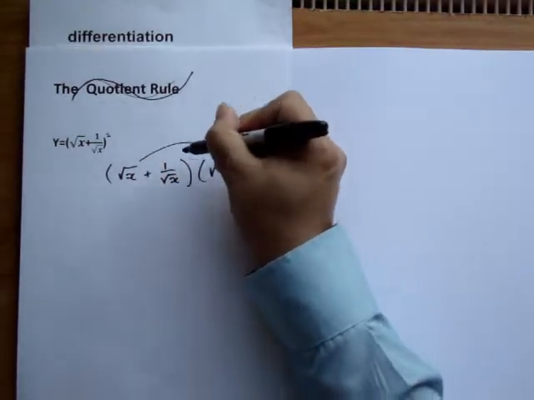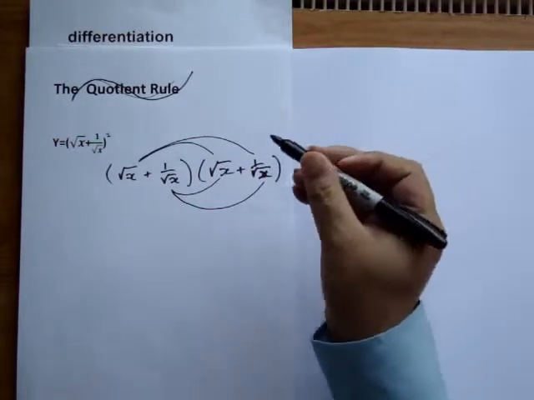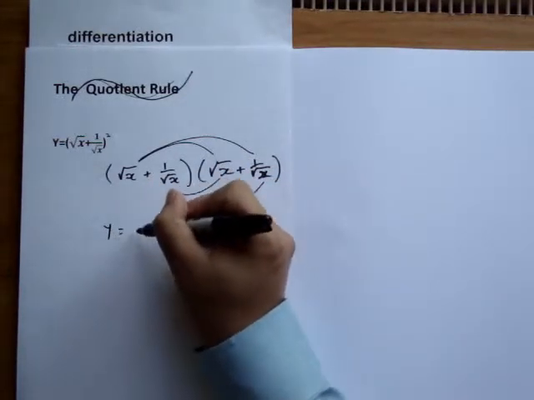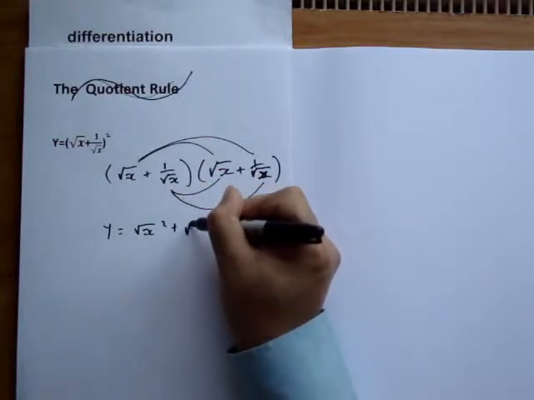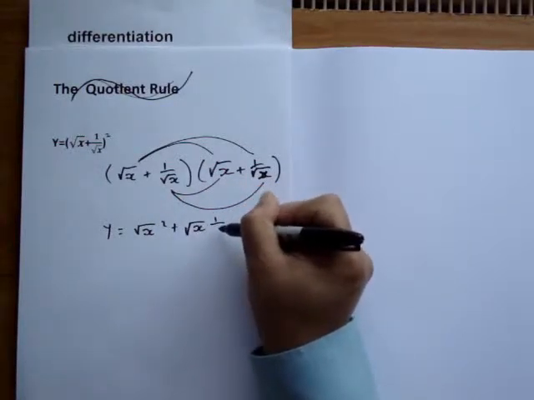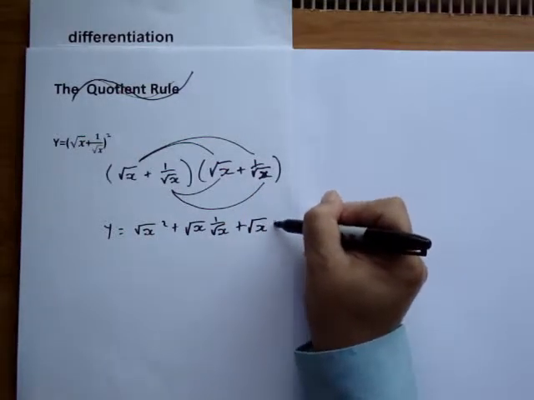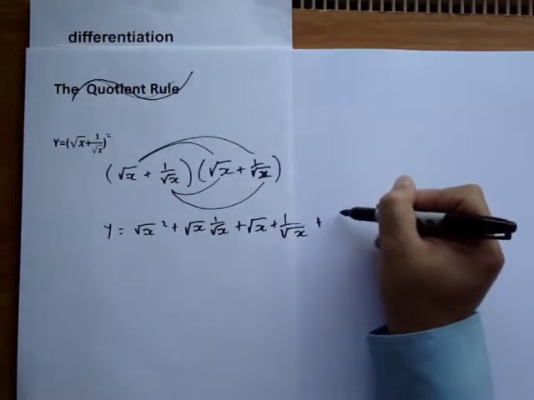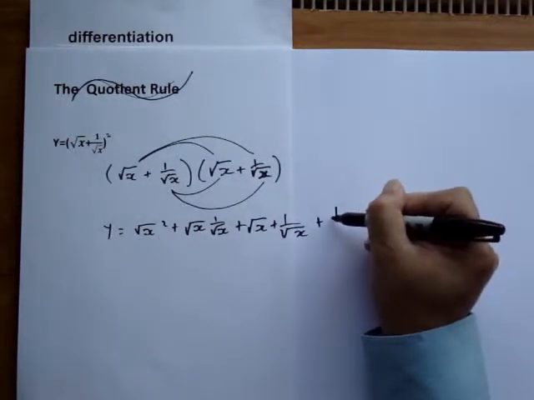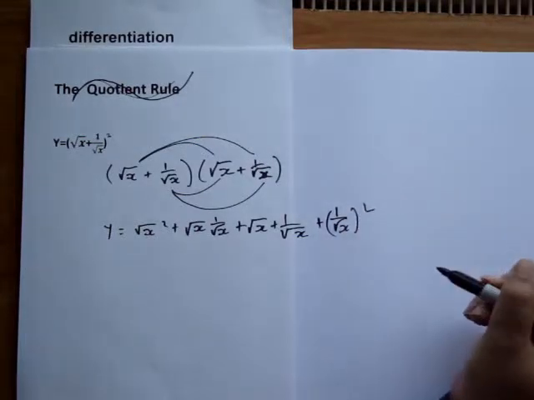So draw a little claw and then multiply out, and we get y equals square root of x squared plus square root of x times 1 over square root of x, plus square root of x times 1 over square root of x, plus the final one, 1 over square root of x squared.